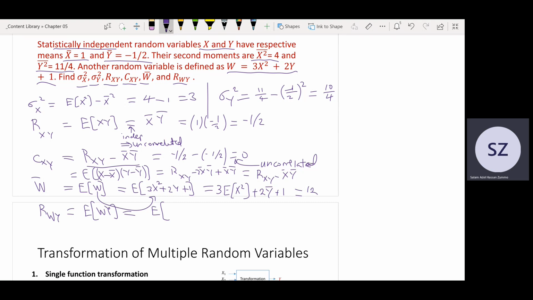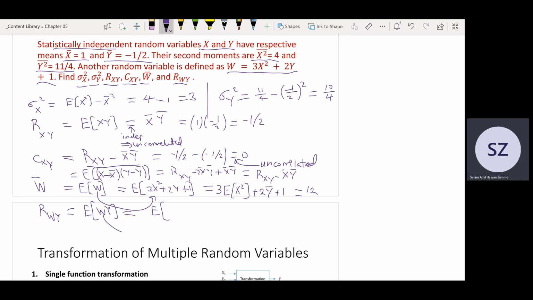Integration of what? WY in the joint PDF of W and Y. Do you know the joint PDF of W and Y? Do you know the PDF of Y? Did anybody give you any PDF here? We need to use the available information. Even I could give you a trick. Will you do the double integration? You will waste your time. You will spend 15 minutes doing integration while it's only simple arithmetic.